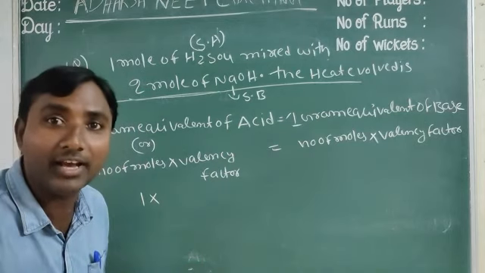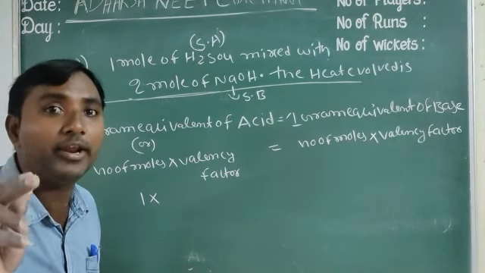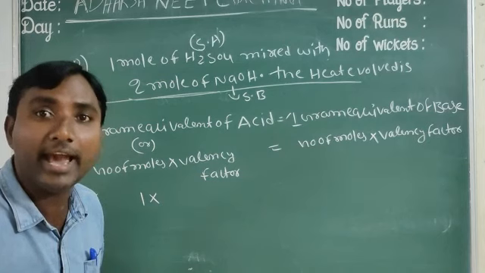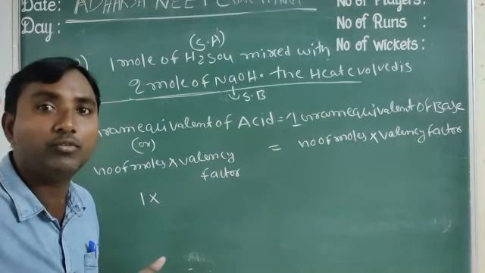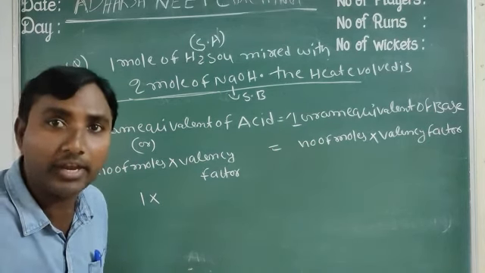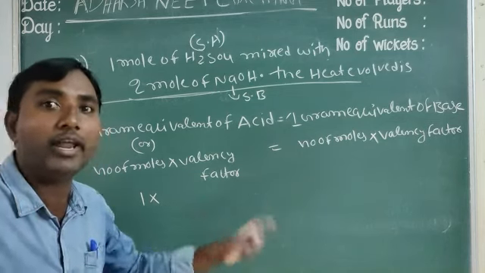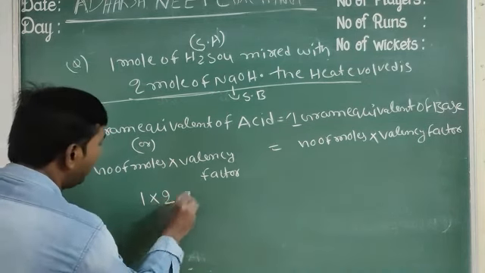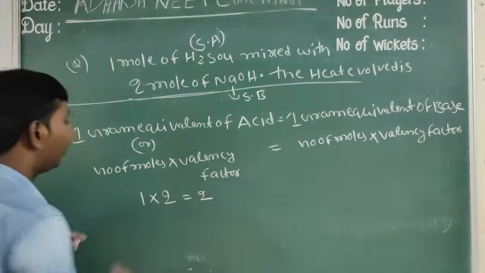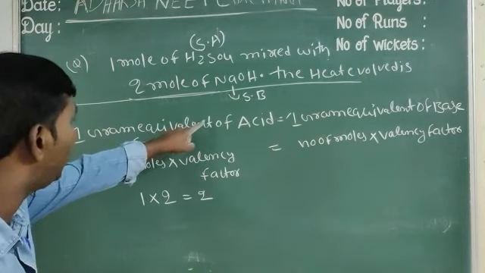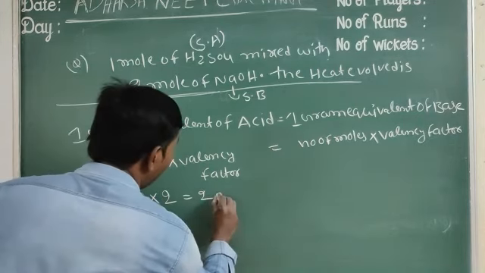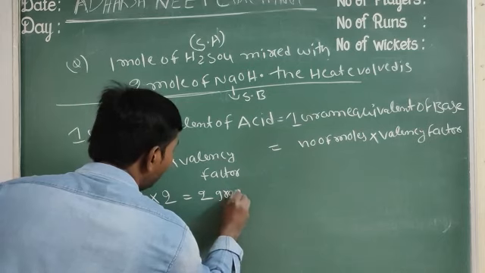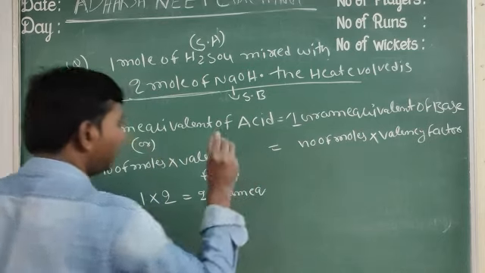Before only we discussed, H2SO4 is a dibasic acid. That's why H2SO4 valency factor is 2. 1 into 2 equals 2. So 2 means what? 2 gram equivalents.